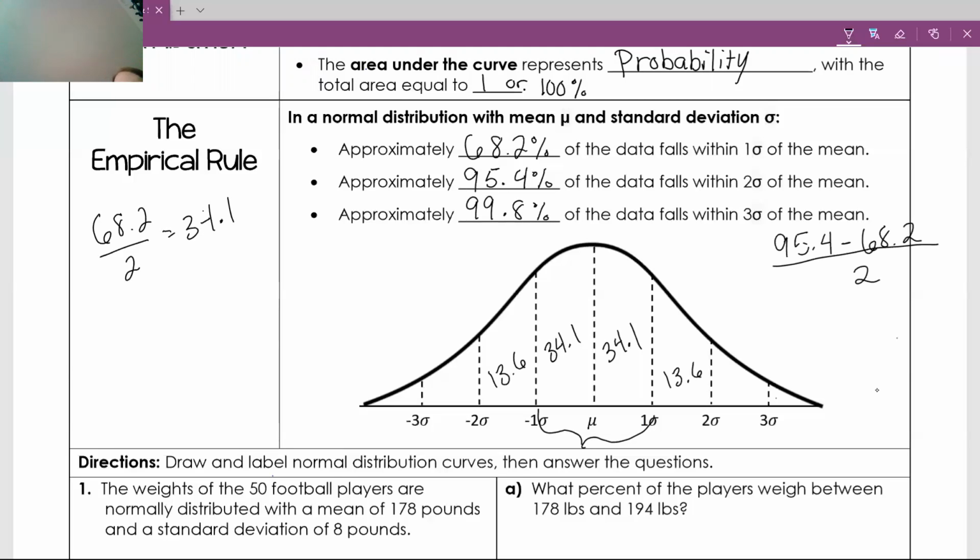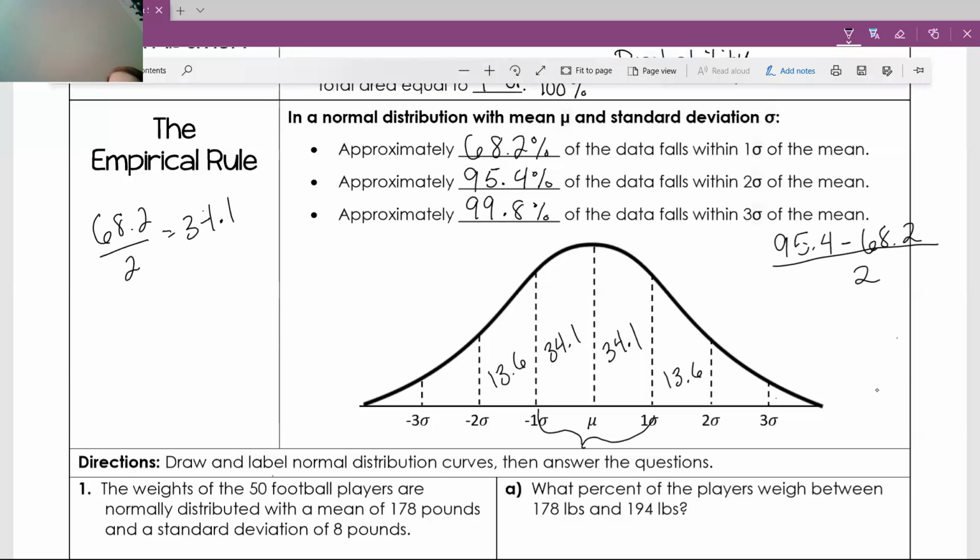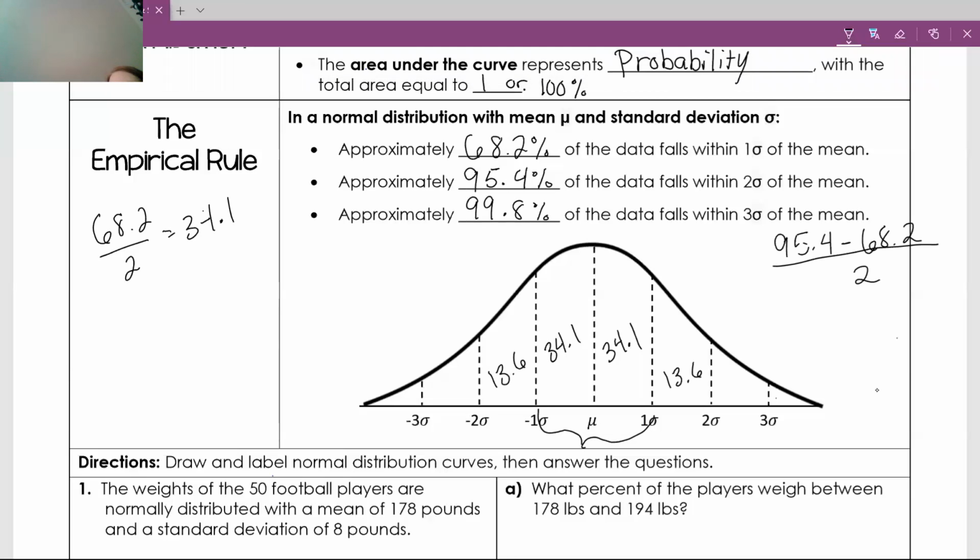I can do the same thing again to find the next 2 outermost pieces. I know that that is 99.8% of my data. I can subtract out the 4 middle pieces that I know, which is 95.4. And there's 2 of them, so I divide by 2. Each of these pieces end up being 2.2.